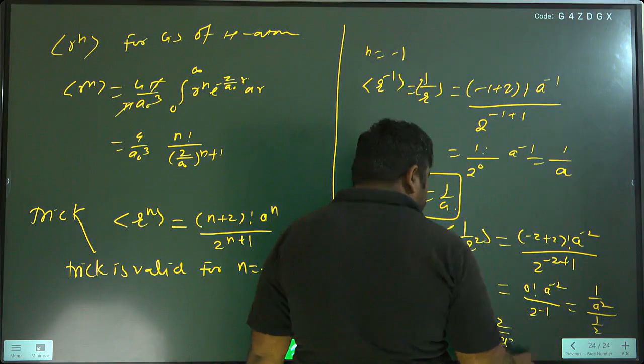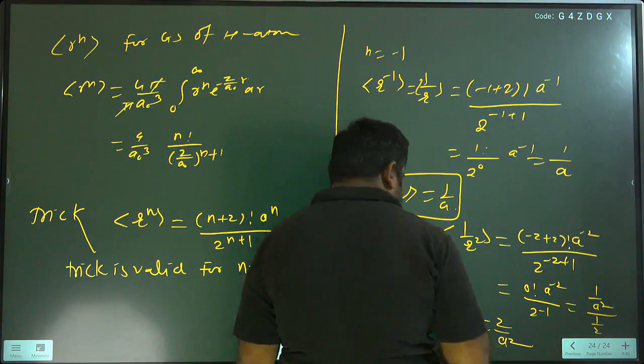This is how much? 2 upon a square. So expression of 1/r square is equal to 2 upon a square.